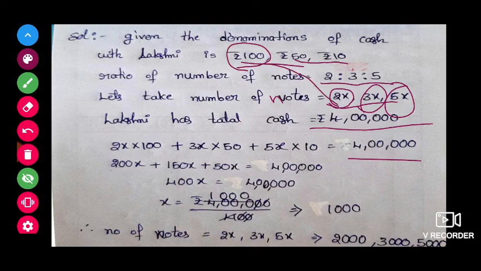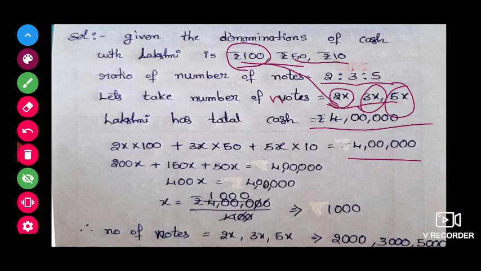Instead of this, suppose you have 100 rupee notes, 3 notes. How much amount do you have? 100 into 3, that is 300. Suppose you have 100 rupee notes, 50 notes. Then how will you find the amount? 100 into 50.